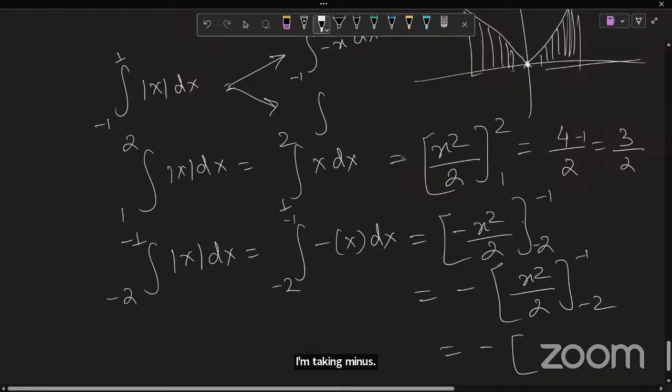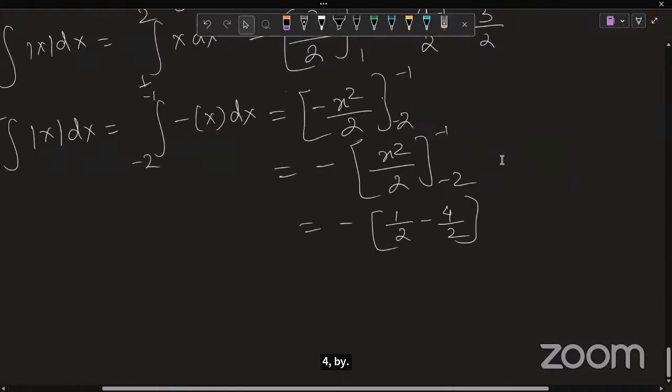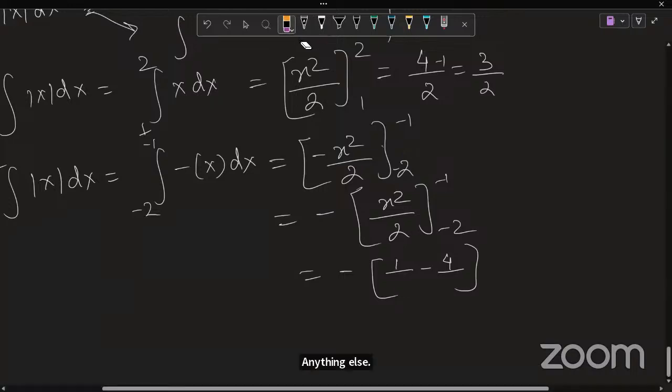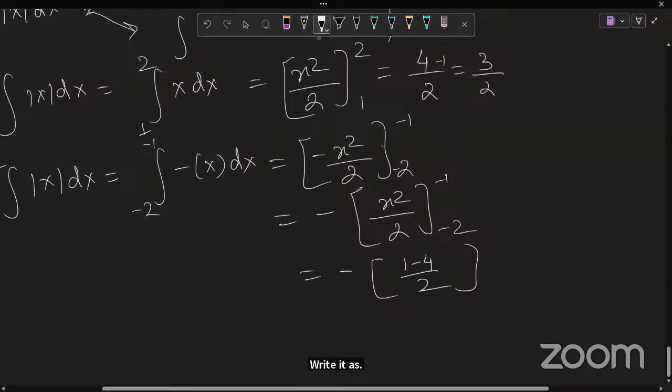Minus of, it will be minus 1. First put the value. It will be 1 by 2 minus of what? 4 by 2. We can directly write it like this: 1 minus 4 by 2.